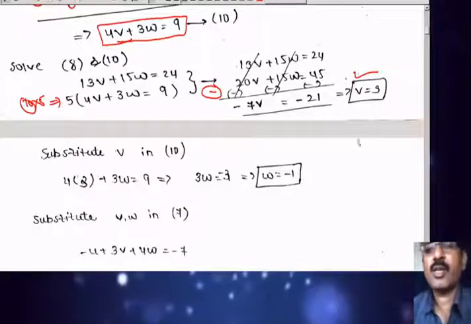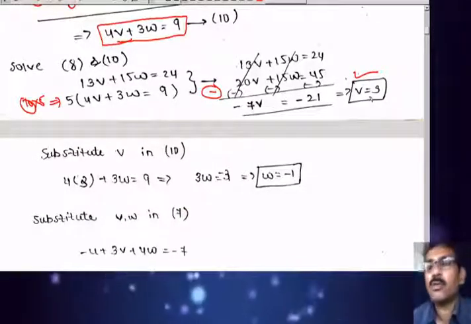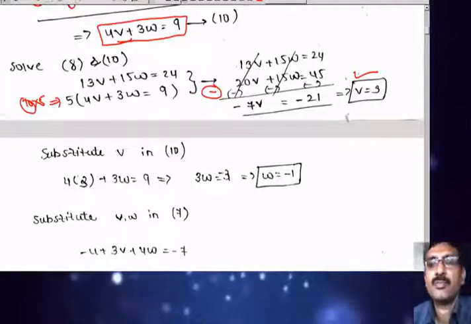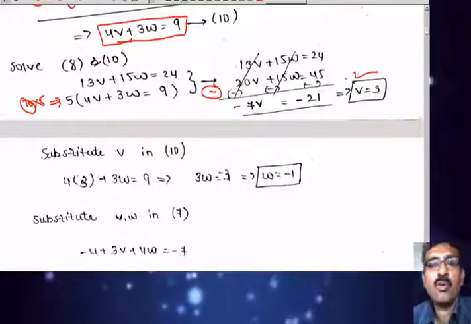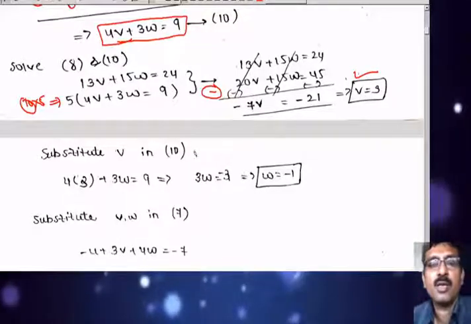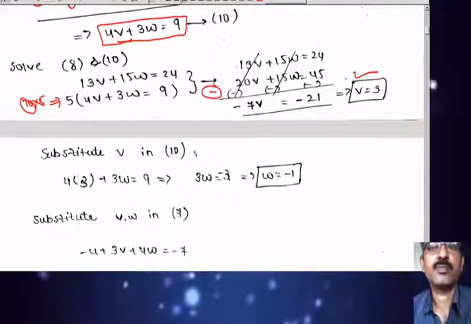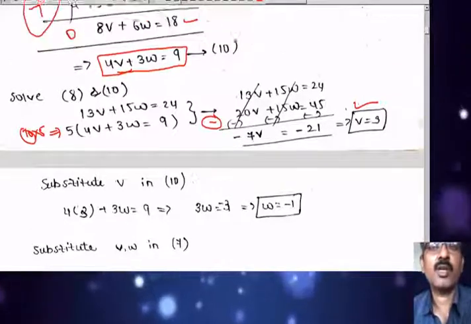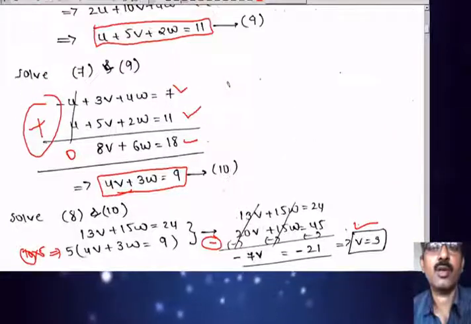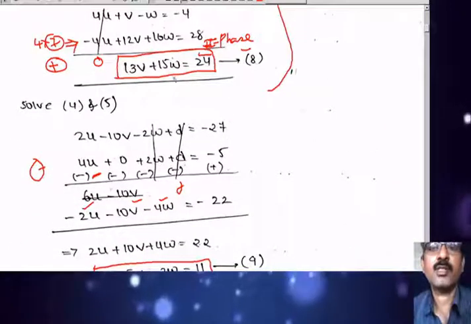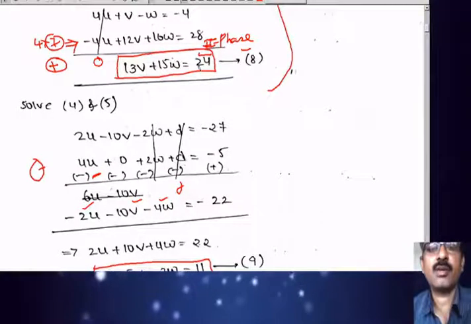Once we get one variable value, then the remaining part will be easy. Substituting v equal to minus 3 in the previous equations, which is more convenient? What is the convenient equation? The 10th equation, or we can take the 8th equation also. Why? Because here only v and w are there.